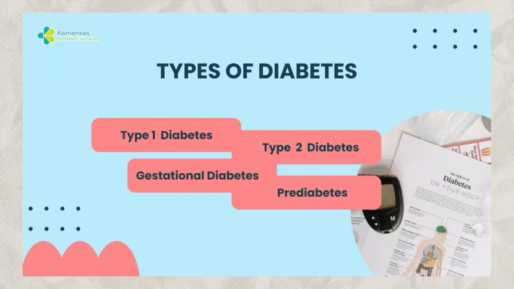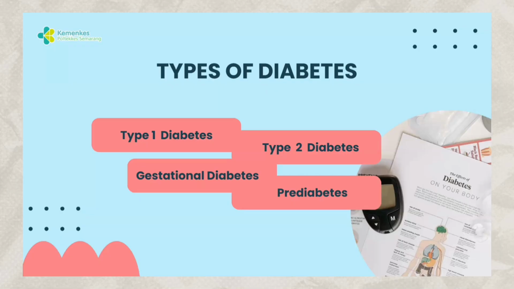And the last, there is also prediabetes, a condition in which blood sugar levels are higher than normal, but not high enough to be called diabetes. This is a warning stage and can still be prevented by making healthy lifestyle changes.